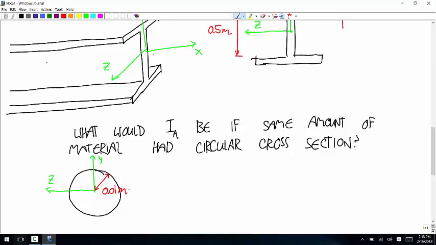Not exactly, but almost exactly. And I sub A for this is r to the 4th over 4. And that comes out to be 8.41 times 10 to the minus 9th meters to the 4th.